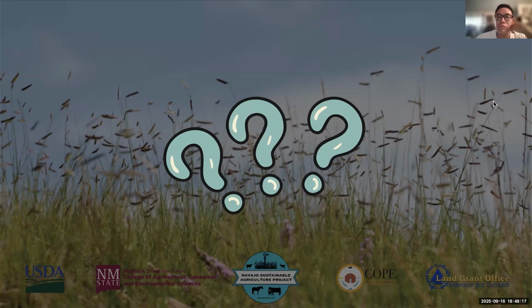Off the top of my head, I am not sure about increasing nitrogen fixation aside from beans and peas, but I'm sure somebody is doing something around that. Okay, I'll check it out.